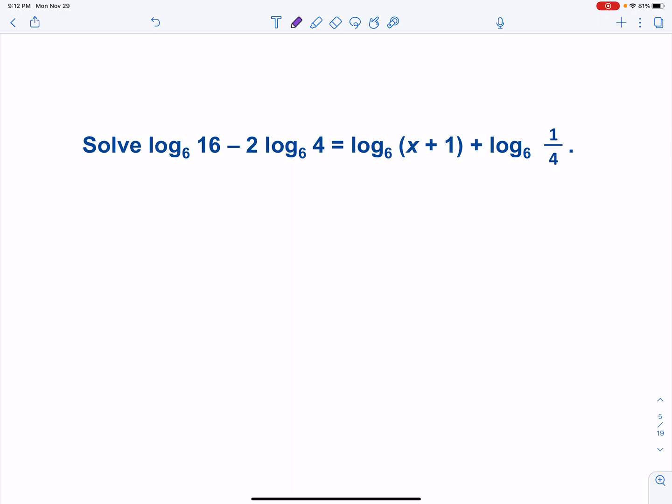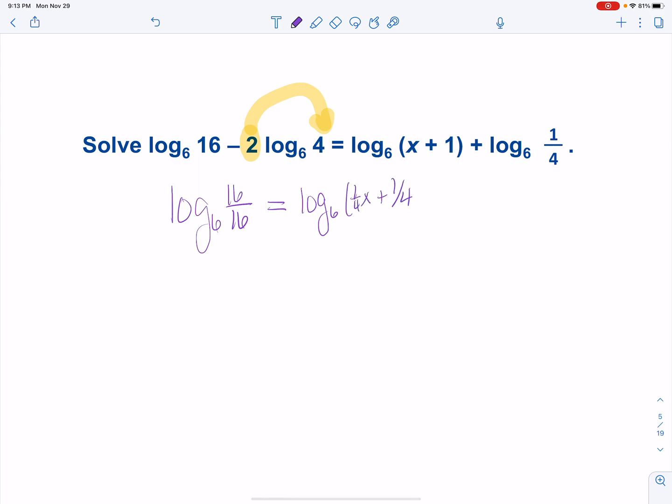Okay, this is kind of a doozy. It looks like a doozy, but it's actually not terrible. You got to deal with this, because that's an exponent. So that makes that 4 squared, which is 16. So you'd have the log base 6 of 16 divided by 16. And this is going to be the log base 6 of 1/4 x plus 1/4, because you're multiplying.